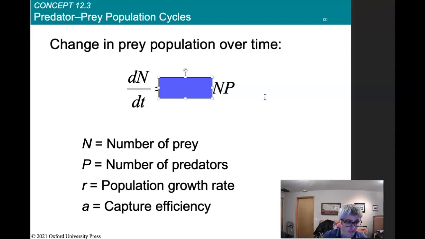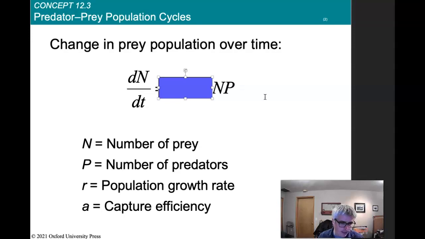If you're living in a field with 10 rabbits and 1 wolf, and say the wolf eats 1 rabbit a day, the probability of you being eaten on any given day is 1 out of 10. Now, if we put in the same field 10 rabbits and 10 wolves, each one eats a rabbit a day, the likelihood of you being eaten has now just gone way up. So those two terms interact with one another.